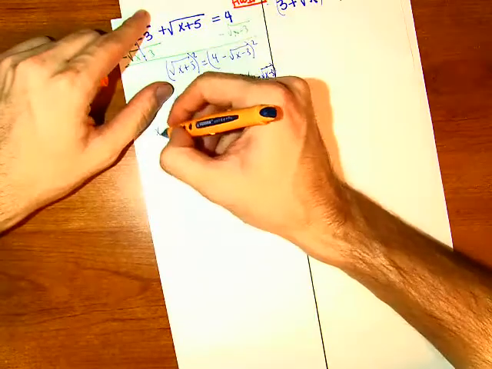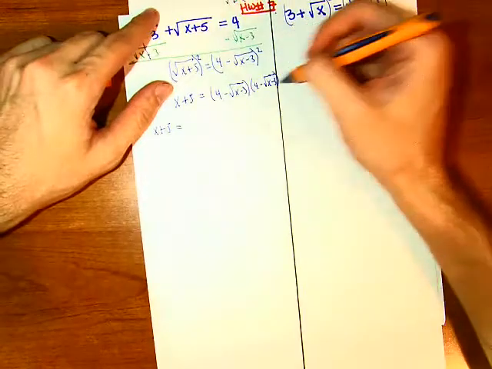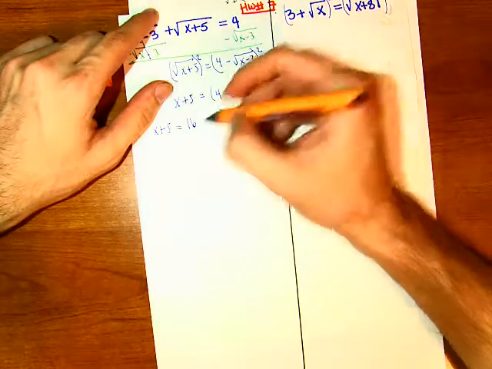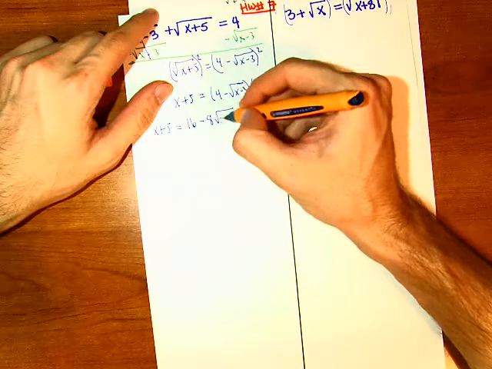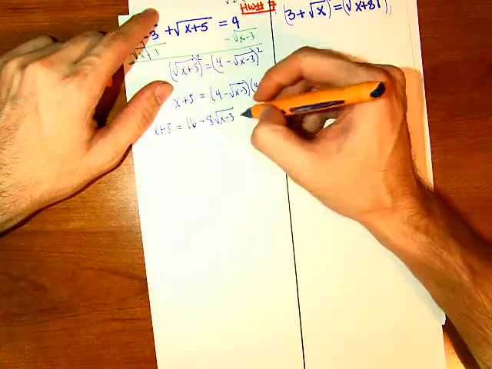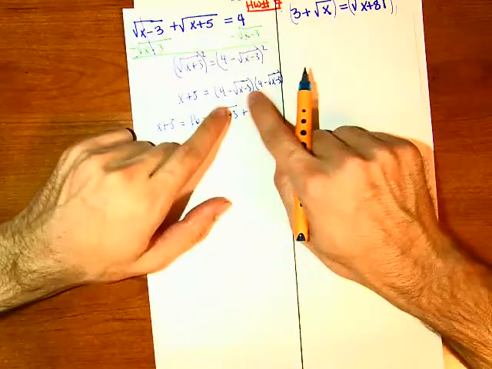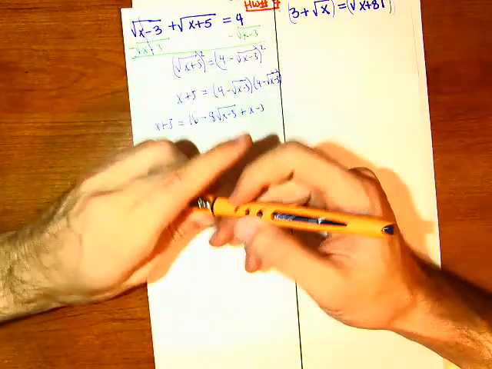So x plus 5 is equal to, when you FOIL this, 16 minus 8 square root of x minus 3 plus x minus 3. Okay? If you're confused on how the FOIL worked, raise your hand and I will show you.